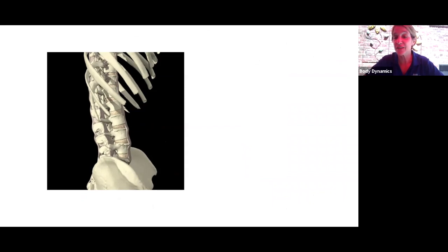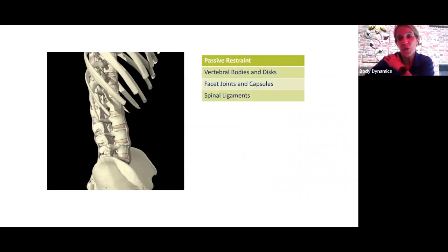To understand the restraints that we're going to try and build, we have to understand how the spine is put together and what's the difference between a normal or stiff spine and a hypermobile spine. So let's talk about the passive restraints.